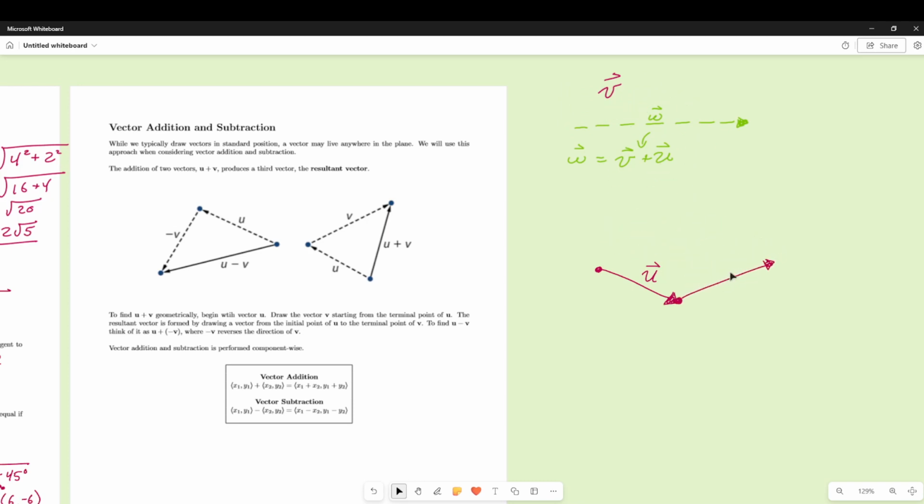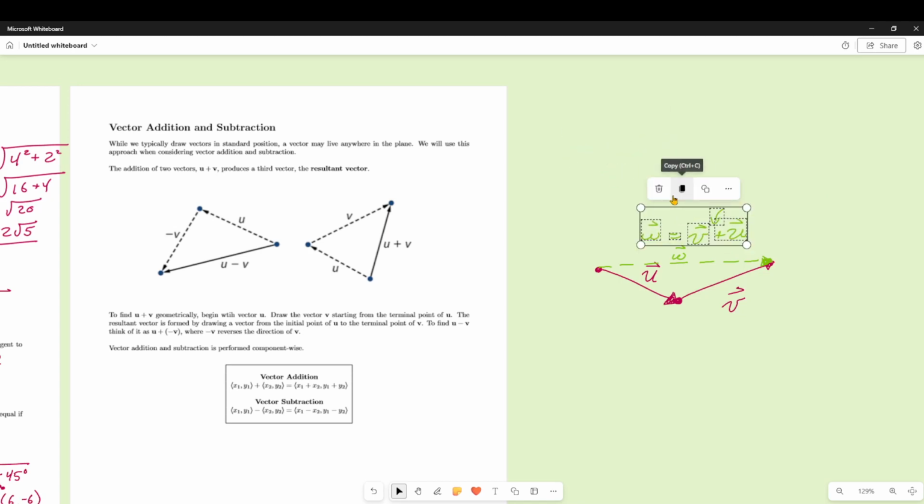If we did it in the other orientation, put the u and then the v, notice this vector w should still fit in that same spot. Because like addition for normal numbers, addition for vectors is commutative. We can add them in any order that we want, just depending on how we arrange them.